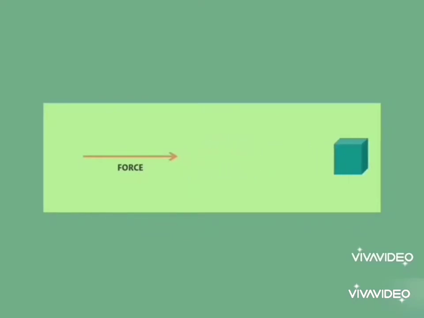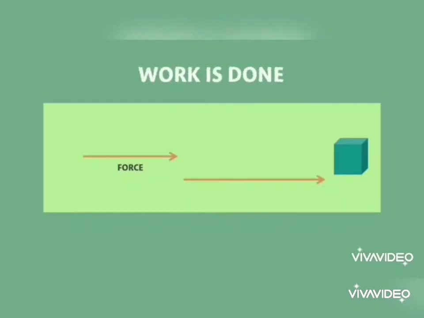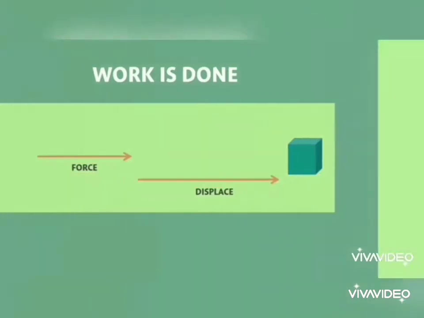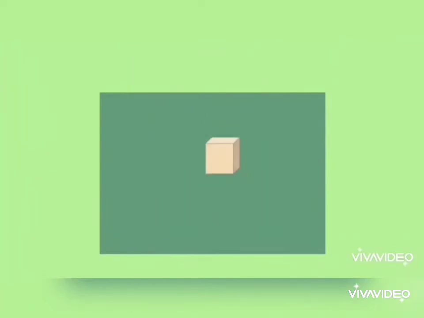And if the block moves in the direction in which the force is being applied, then this is called work. So the definition of work done is: when a force is applied on an object and it displaces the object in the same direction, then the phenomenon is called work done.